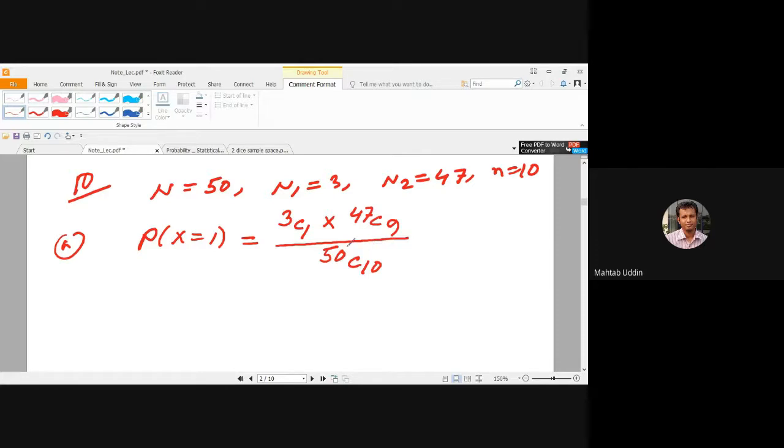Hello? Yes, sir. Then use your calculator to do the next. Then at most 1 means x less than or equal to 1. At most, সর্বোচ্চ 1, less than or equal, that is P of x equal to 0 and P of x equal to what? Do you understand?